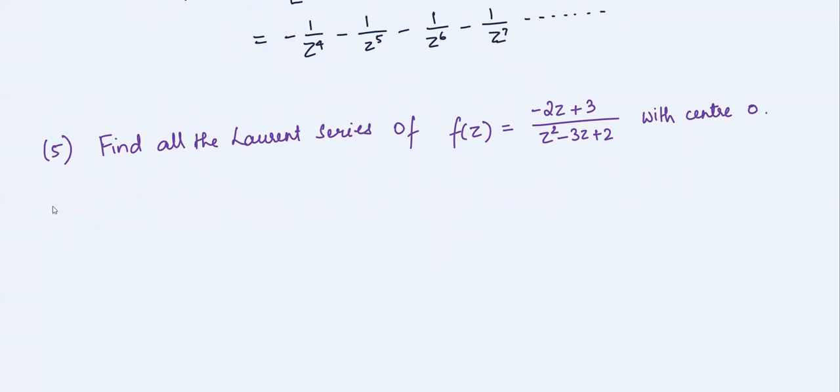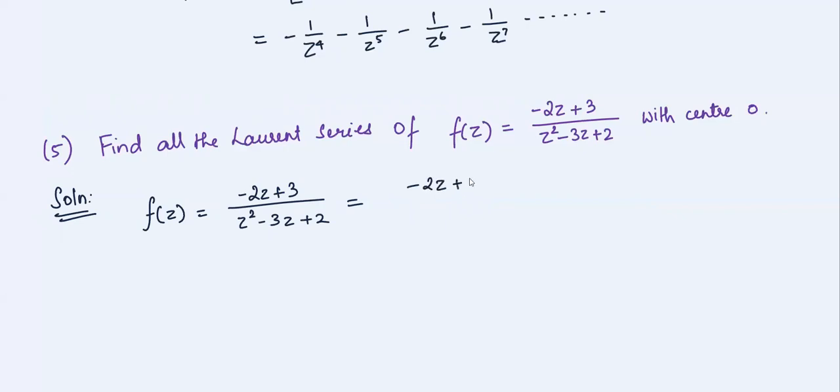Now the first thing to do is look at this, minus 2z plus 3 by z square minus 3z plus 2. Try to write this in terms of partial fractions.